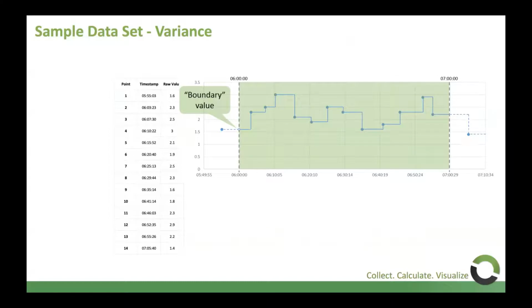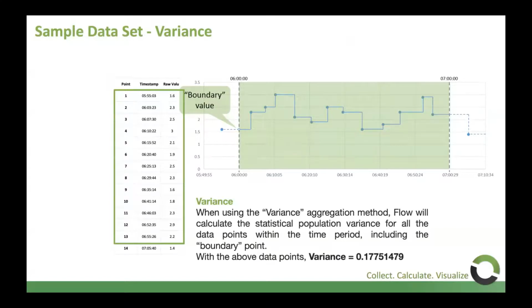Variance. So what we can also do is look at the variance for our data set. And again, we will use the boundary value for that. It's very important to understand that when Flow does variance and standard deviation aggregation methods, we will use what we call the statistical population variance or the statistical population standard deviation.